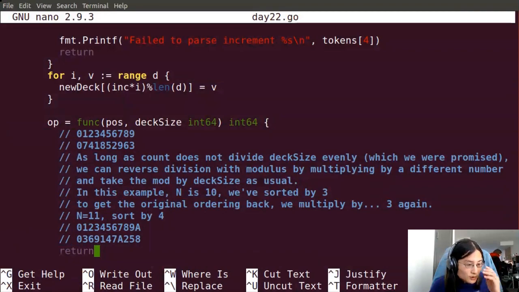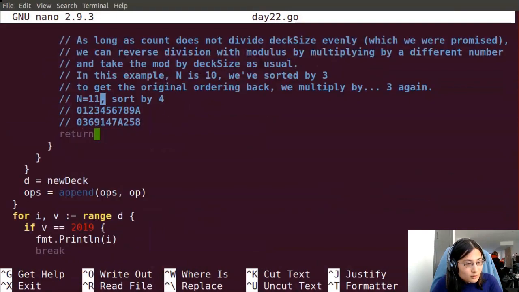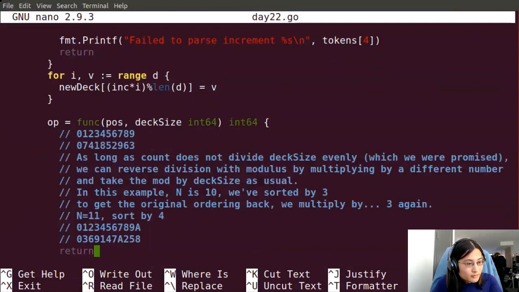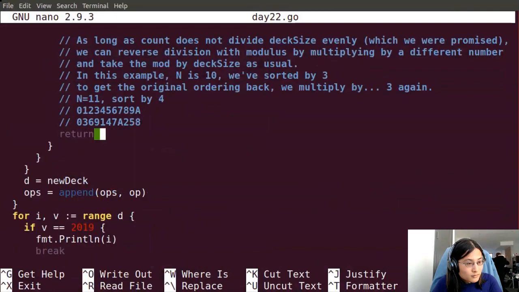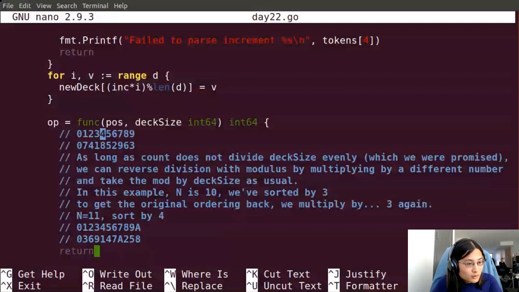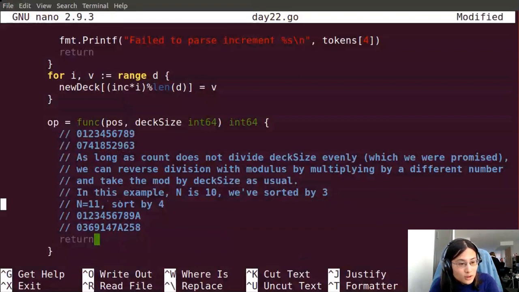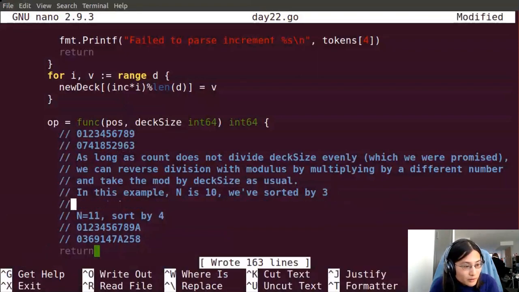I don't think so. That looks something like this. Oh, I see. No, we don't multiply by 3 again, because 3 was what it took to get these positions from here. Yeah, okay, that's correct.